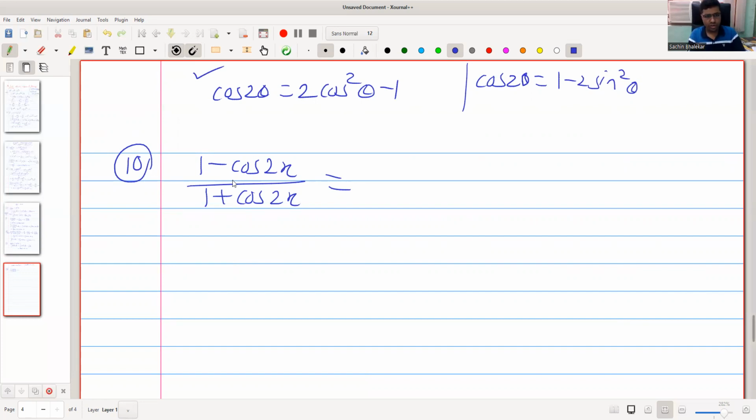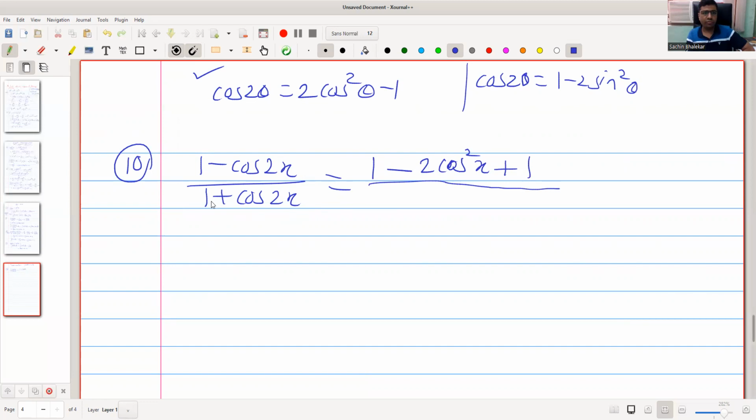So what will be our numerator? 1 minus cos of 2x will be minus 2 cos square x, with a minus sign here, and here it will be plus 1.